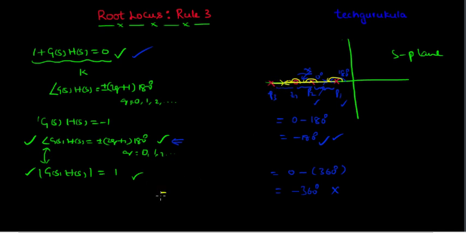Now the net angle made by all the zeros and poles to this point will be the angle made by zeros, here 180 degrees, minus the angle made by the other poles, P1 and P2, which is 360 degrees. So it will be minus 180 degrees. This is satisfying the angle condition.